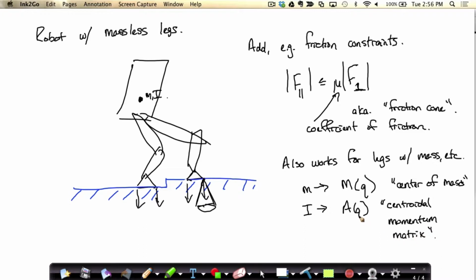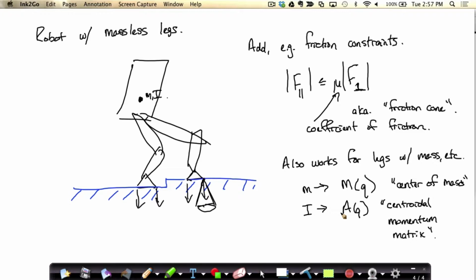And again it depends on the configuration of the robot, where my center of mass is. But otherwise, the equations of motion I gave you on the previous slide are basically unchanged. So I could talk about the dynamics of the center of mass using those same linear equations, plus constraints on forces, and then if I have to start moving them, possibly constraints on R dot.